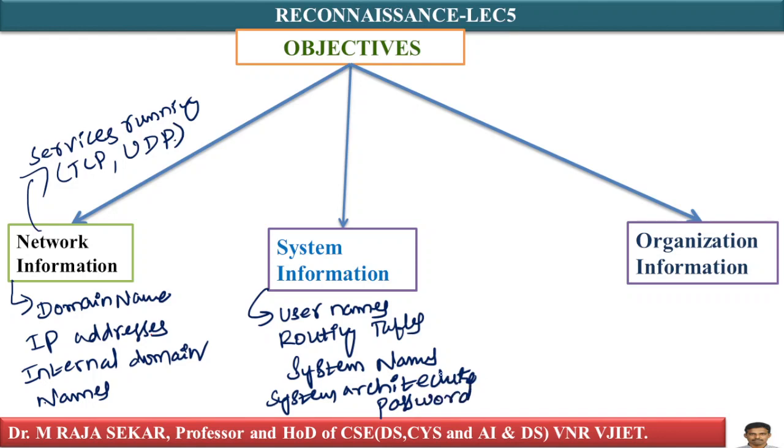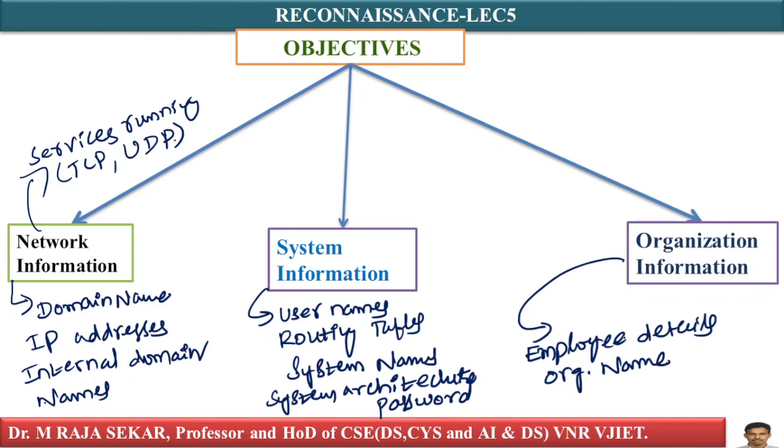What about organizational information? What is the meaning of organization? That is related to employee details, related to employees. Organization name, that may be the location of the organization, that may be something like contact information.